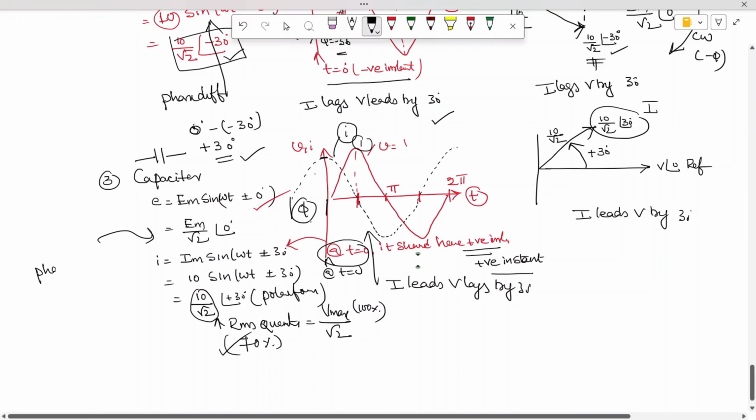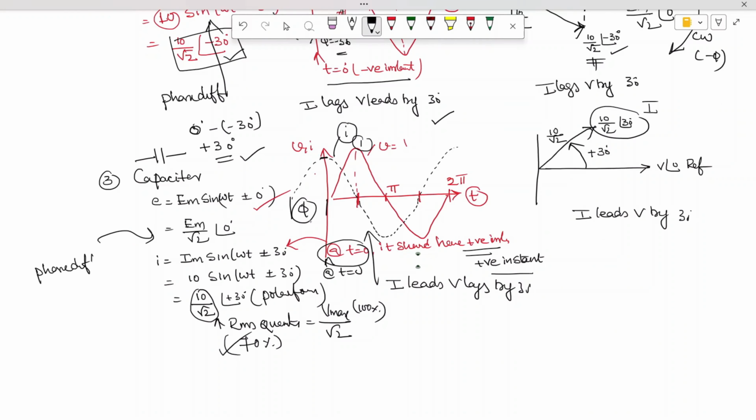When you find the phase difference, it is 0 degrees minus 30 degrees. The phase difference is minus 30. Therefore I can say current leads voltage by 30 degrees. Technically, I can expand this as current leads, voltage lags, by 30 degrees.